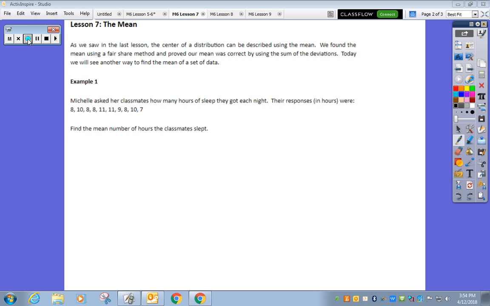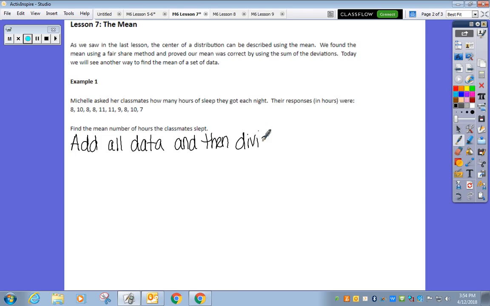So when you have larger numbers or larger sets of data, what you can do to find the mean is add all the data, or get the sum of your data, and then divide by the number of pieces of data.